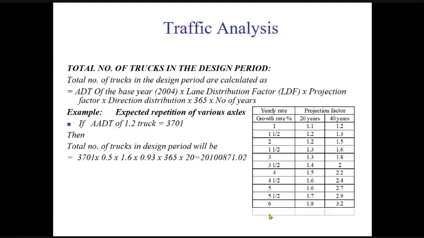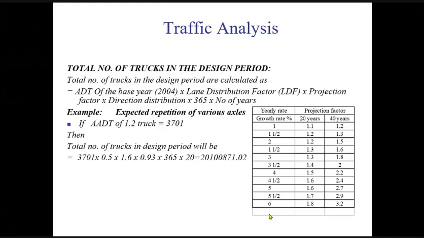This projection factor, if you recall, was G into Y, which we have considered while designing a flexible pavement. There is a directional distribution. You multiply it by 365 and the number of years.